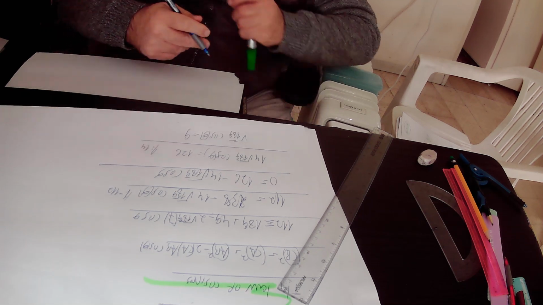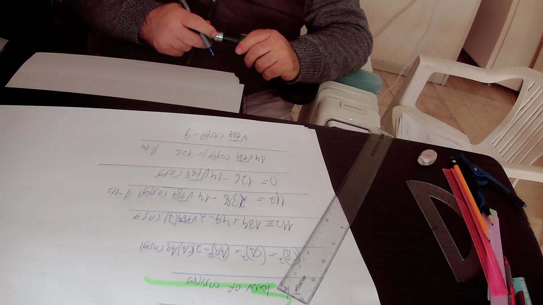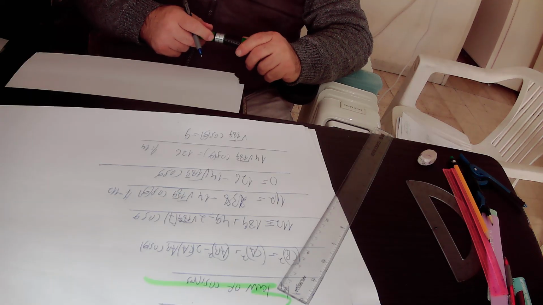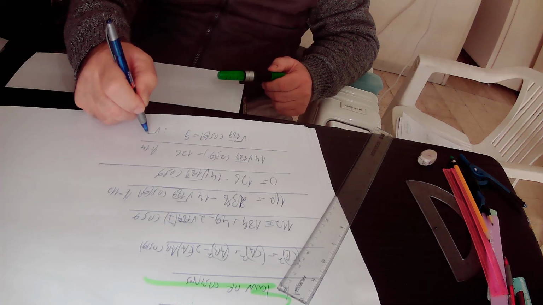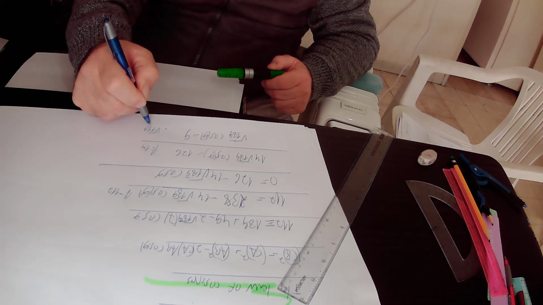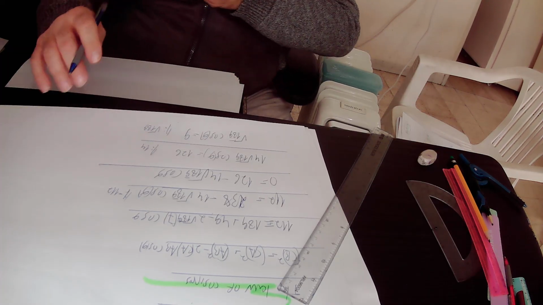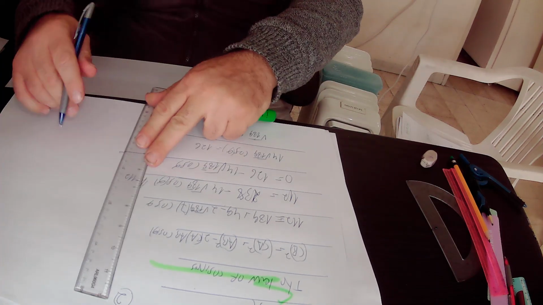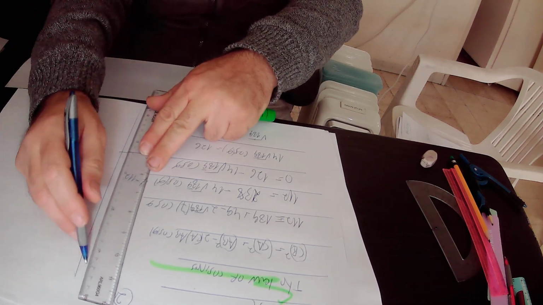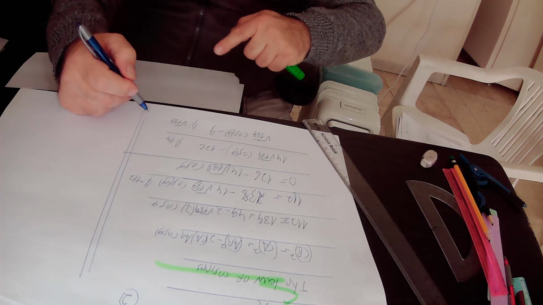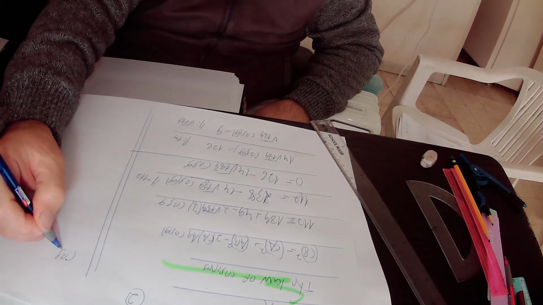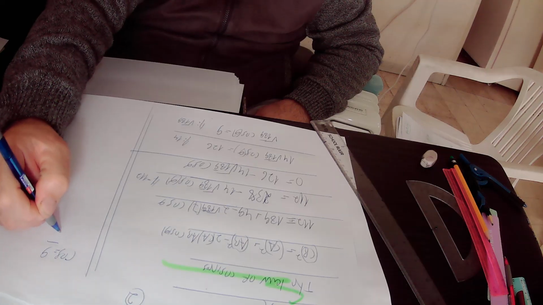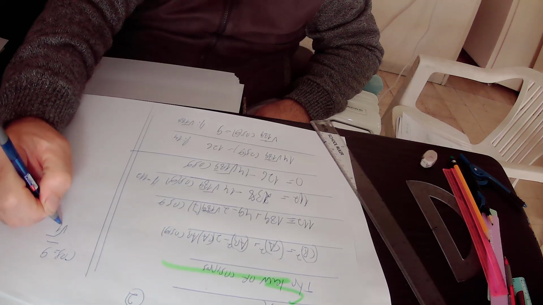So in total we found out that the square root of 189 times cosine alpha equals to 9. So here we divide this equation by square root of 189 and we get that cosine alpha equals to 9 over square root of 189.